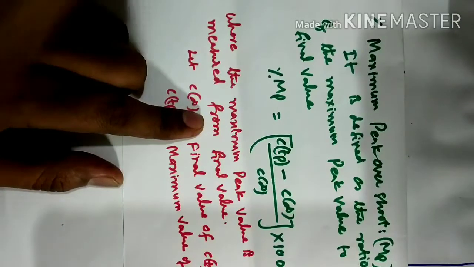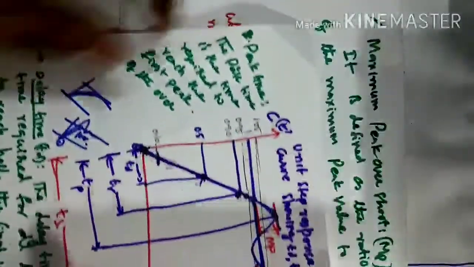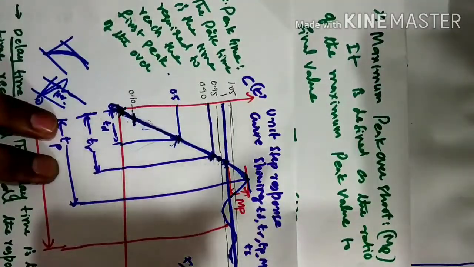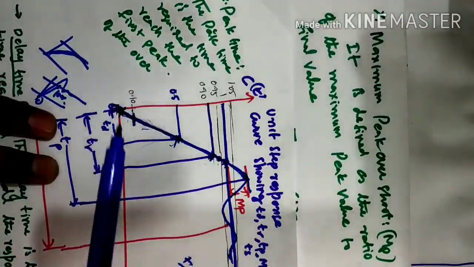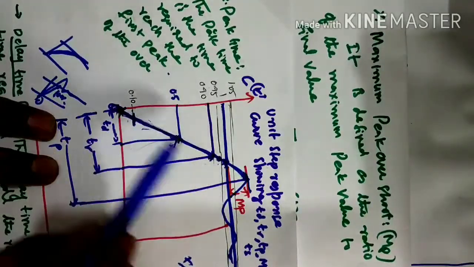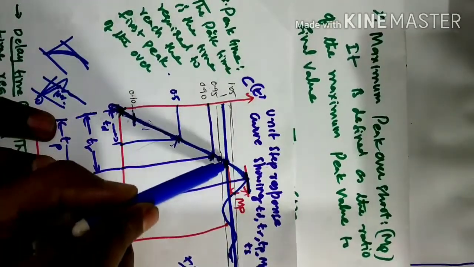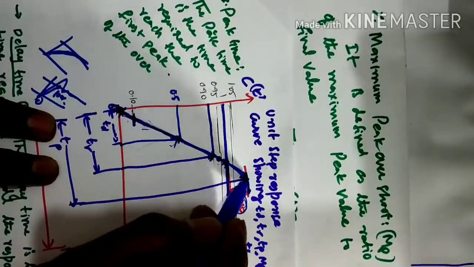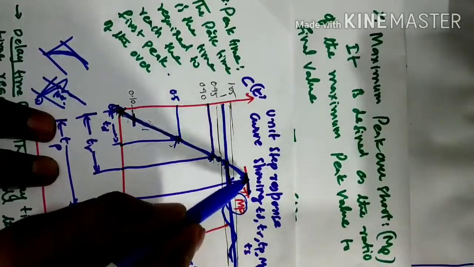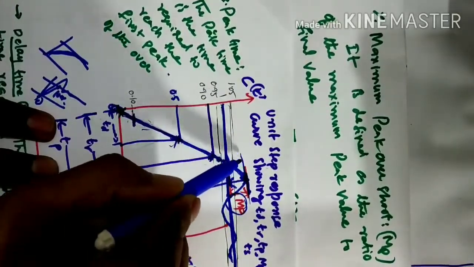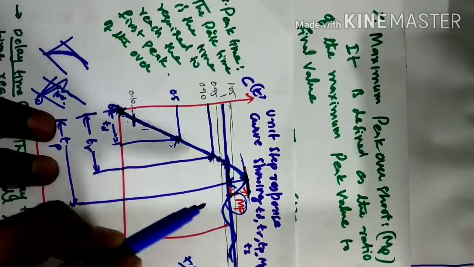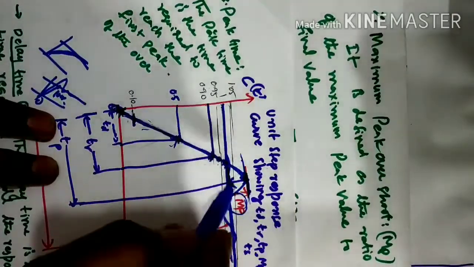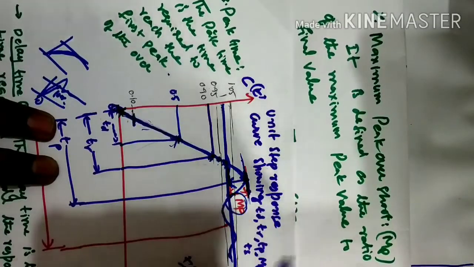If you just see the diagram here, this portion, from this point to this point, is the maximum peak overshoot.